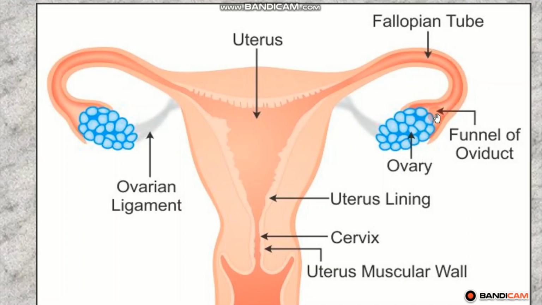The infundibulum leads to the ampulla, where it bends, and then it bends again here, and this part is known as the isthmus. This complete tube is known as the fallopian tube.